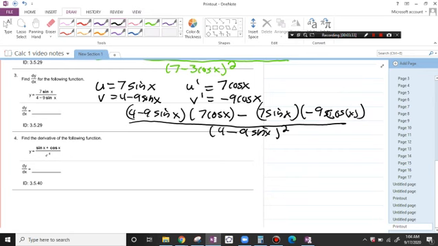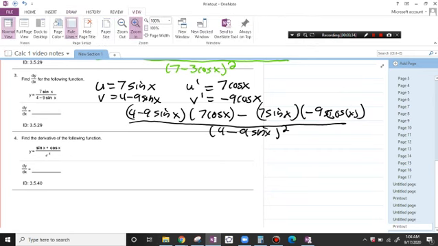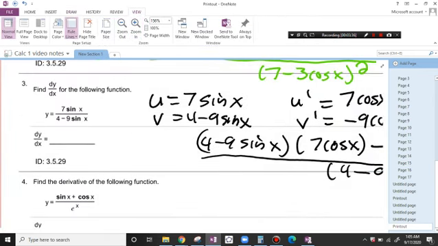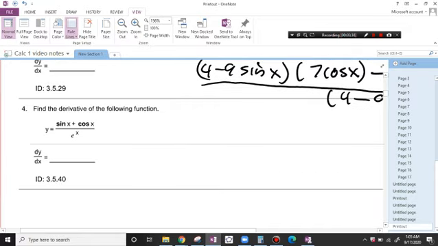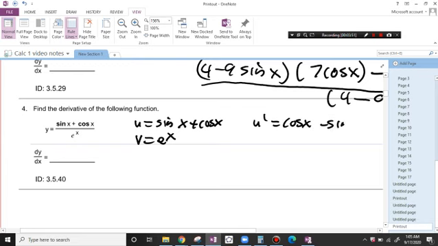Quotient rule. u is sine x plus cosine x. v is e to the x. u prime, the derivative of sine is cosine. The derivative of cosine is minus sine.